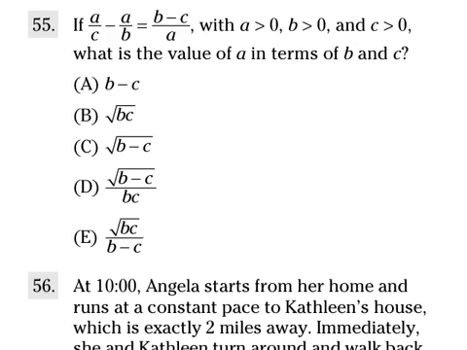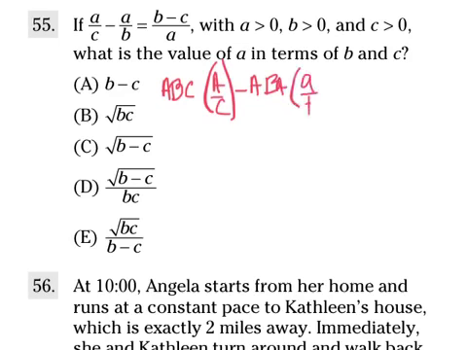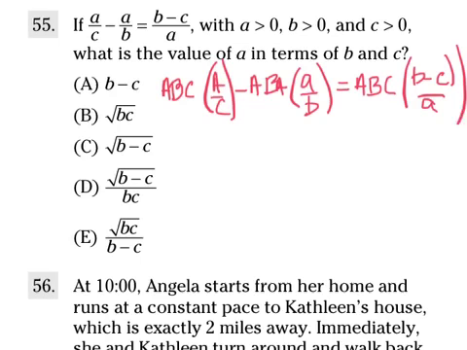So if I multiply ABC by A over C, and then subtract ABC times A over B, and set that equal to ABC times B minus C over A. I've interchanged capital and lowercase letters.